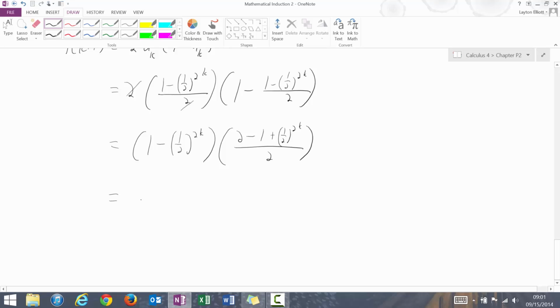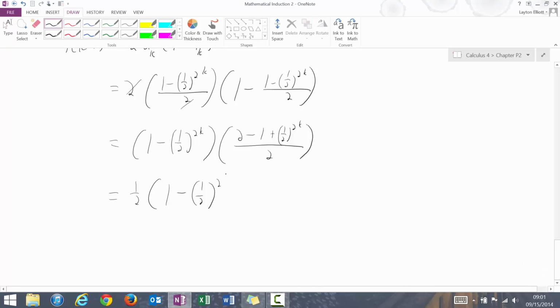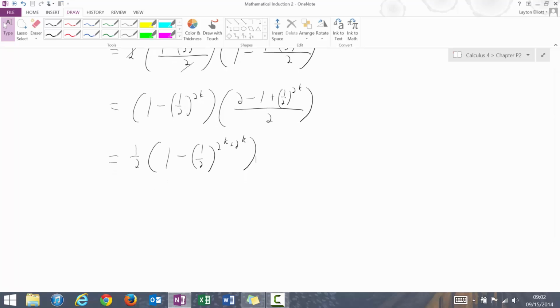You can see that if I factor the 1/2 out, I'm going to end up with a difference of squares. I'm going to get 1 minus 1/2 to the 2 to the k plus 2 to the k, and this can get a little bit tricky. And that I can clean up a little bit.